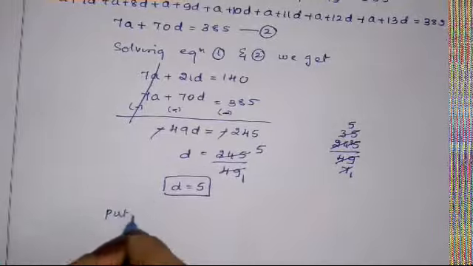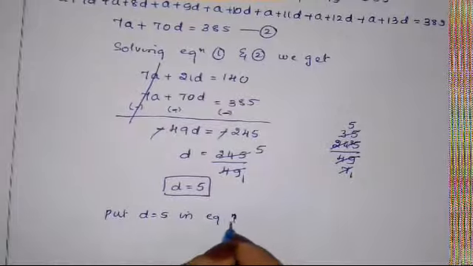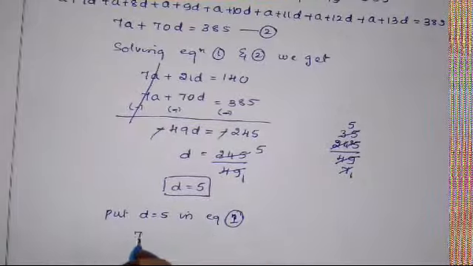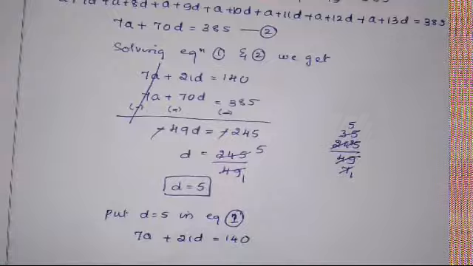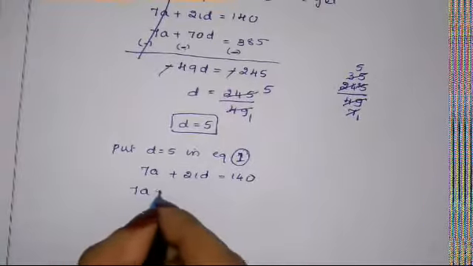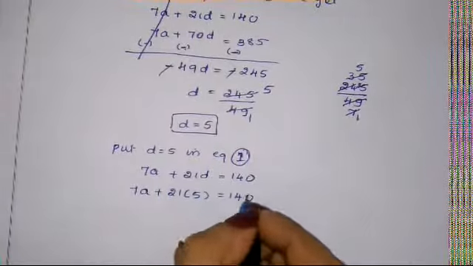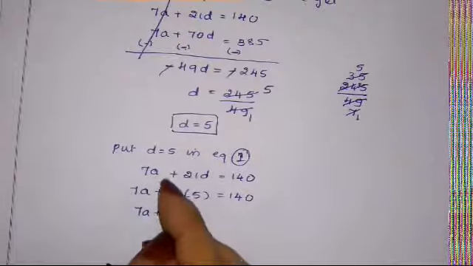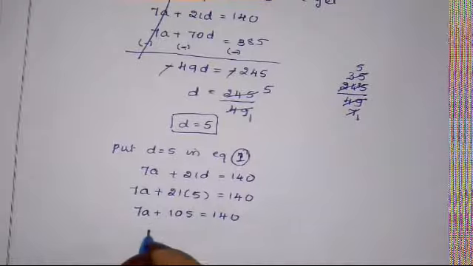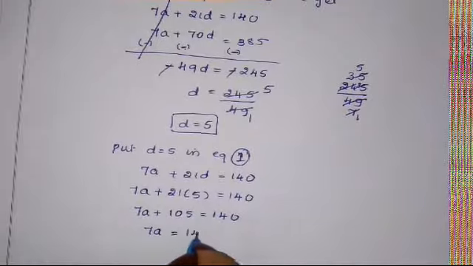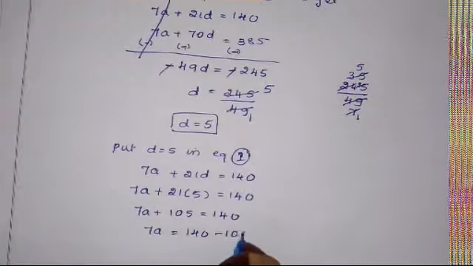Put D equal to 5 in equation 1. Equation 1 is 7A plus 21D is equal to 140. 7A as it is, plus 21 into the D value 5, is equal to 140. 7A plus 21 fives are 105, is equal to 140. 7A as it is; if we bring 105 to that side it becomes minus 105.